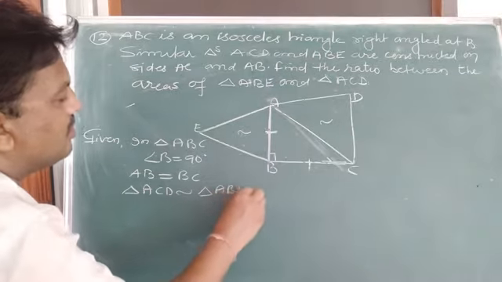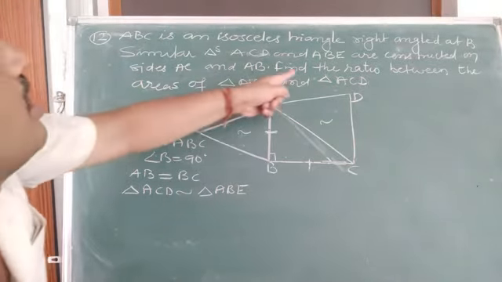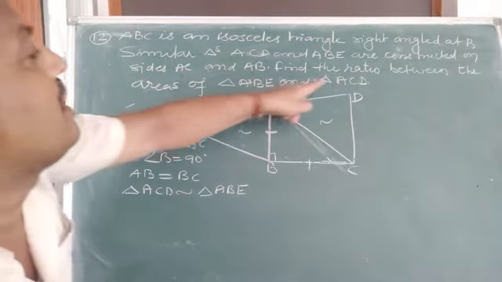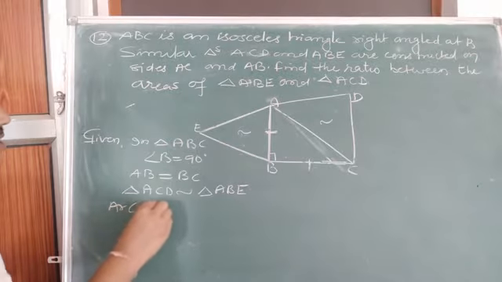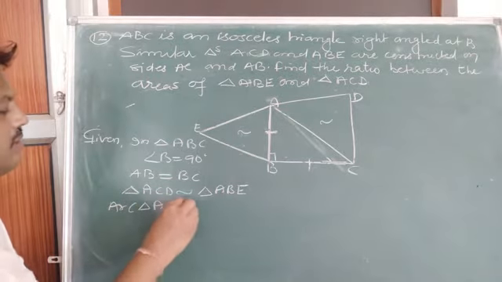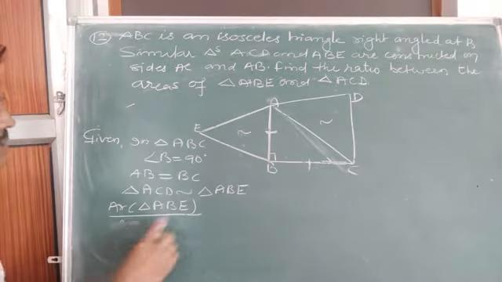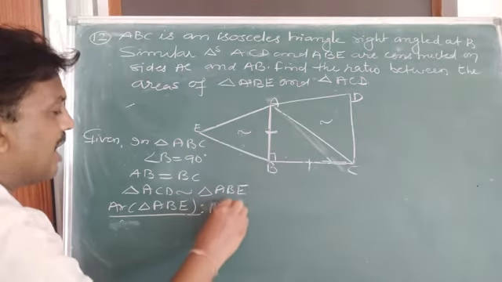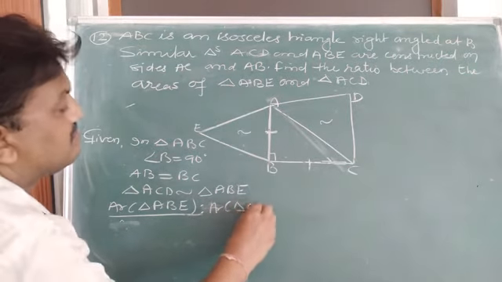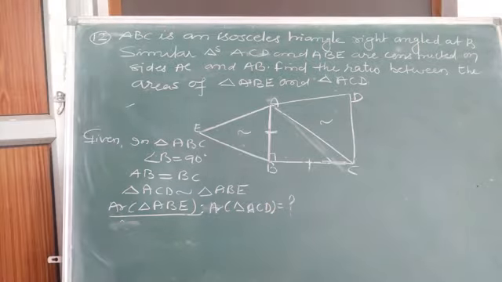And what you have to find out, children? The ratio between triangle ABE and ACD. So we have to find out area of triangle ABE divided by, that is ratio to, area of triangle ACD. This we have to find out, children.